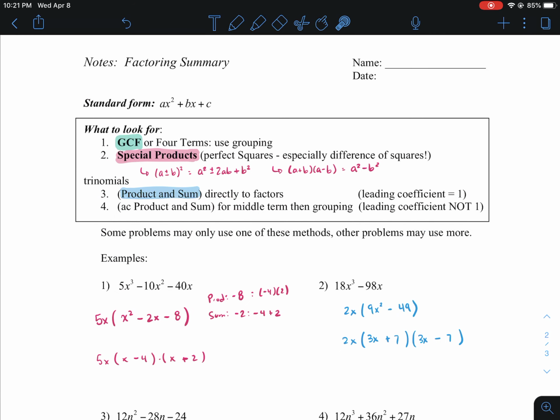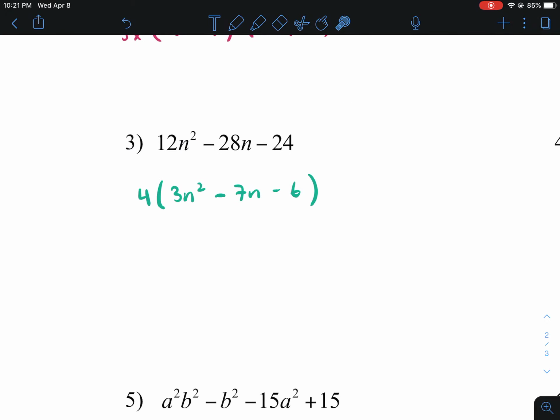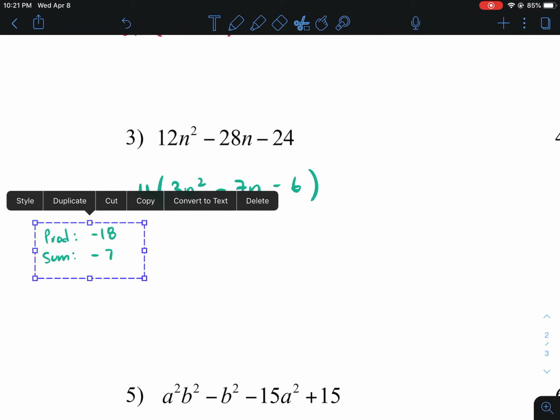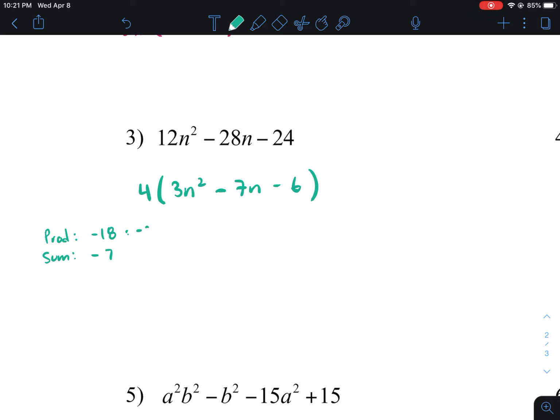Now, because we're at this point, we want the product of a times c and the sum of b. So a times c, we want a product of negative 18 and a sum of negative 7. Those two numbers are negative 9 and 2: negative 9 times 2 is negative 18, and negative 9 plus 2 is negative 7.